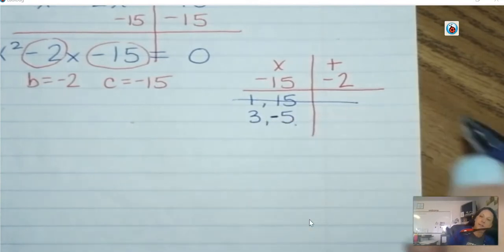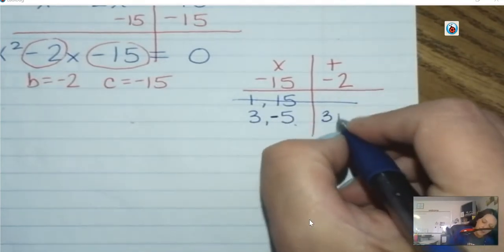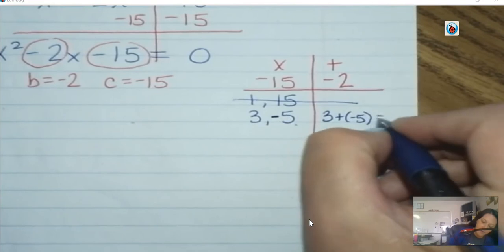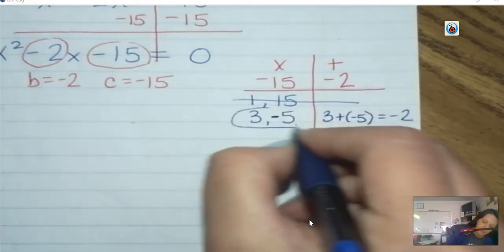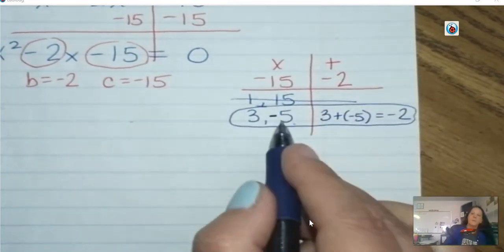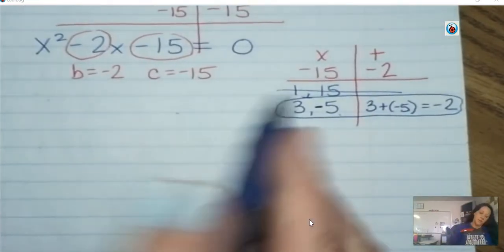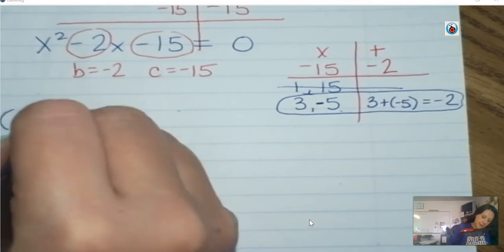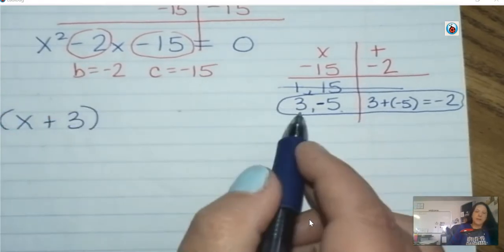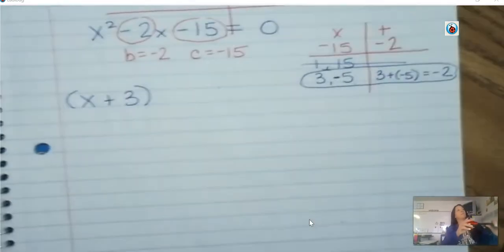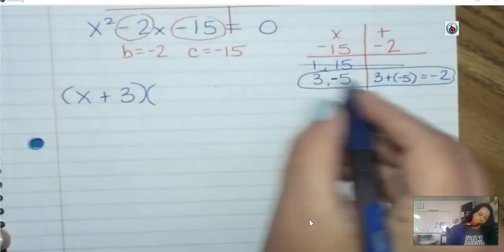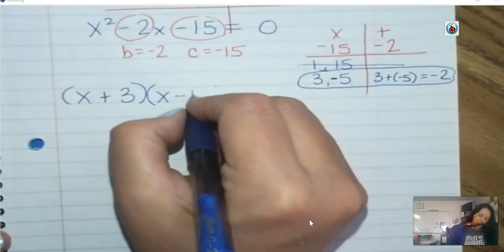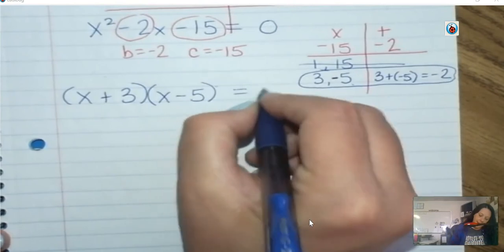It's positive 3 and negative 5, because 3 plus negative 5 is negative 2. And 3 times negative 5 is negative 15. So our factors are going to be x plus 3, because it's a positive 3, times x minus 5. And then set that equal to 0.